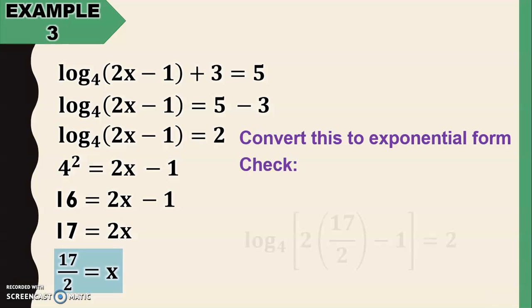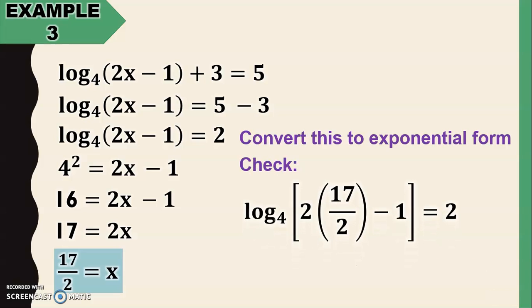Then check our answer. Just substitute 17 over 2 to x. So we have log of 2 times 17 over 2 minus 1 to the base 4 equals 2. 2 times 17 over 2 is 17. 17 minus 1 is 16.